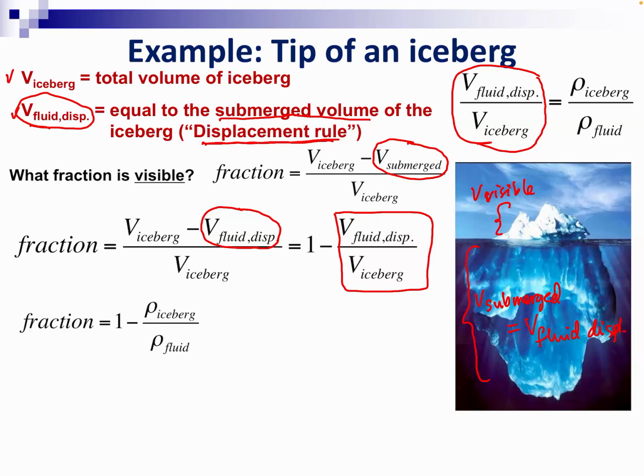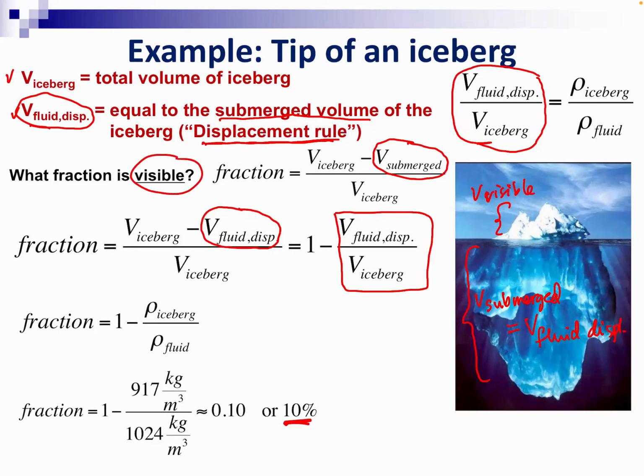So in the end, we didn't really need to know the actual volumes of visible, submerged and total volume of the iceberg. We only needed the densities of the iceberg and the fluids to solve that only 10% of the iceberg is visible and 90% is submerged.